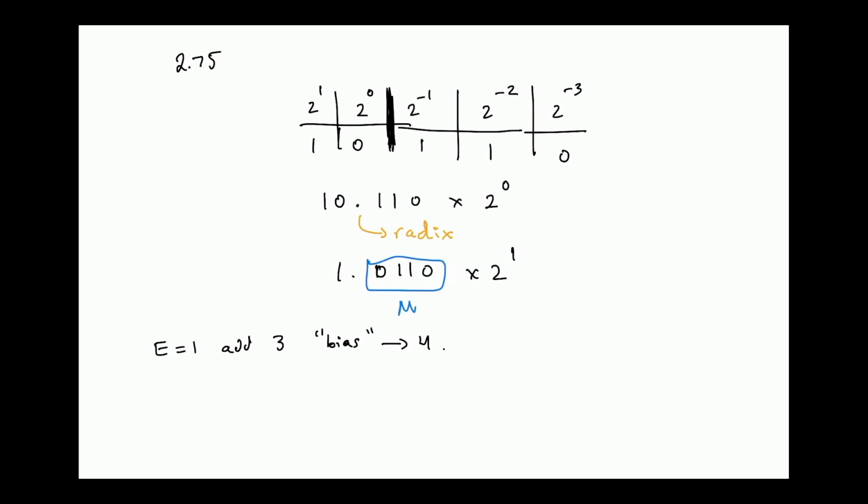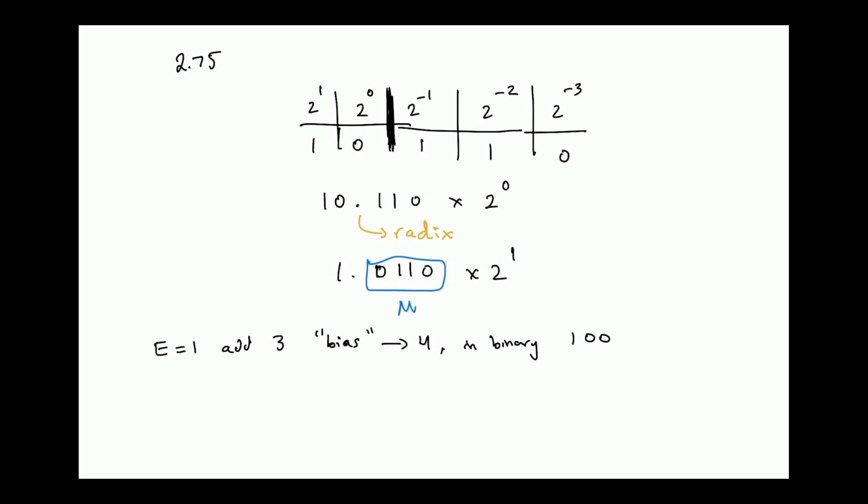Okay, so if I had 1 and I add 3 to it, I now have 4. What is 4 in 3 bits? So how would I write this? It would be that, right? 4 in binary is 1, 0, 0. Okay? All right.